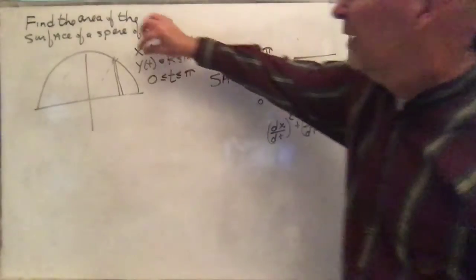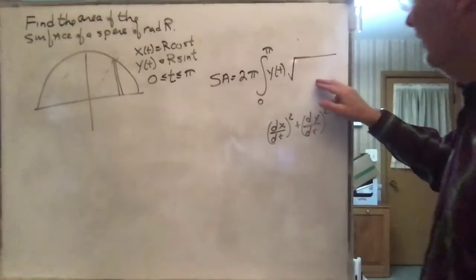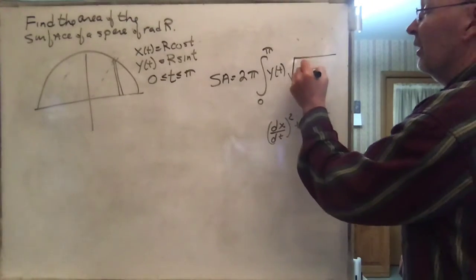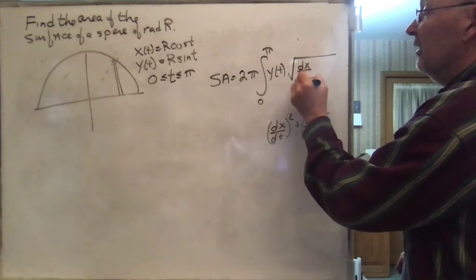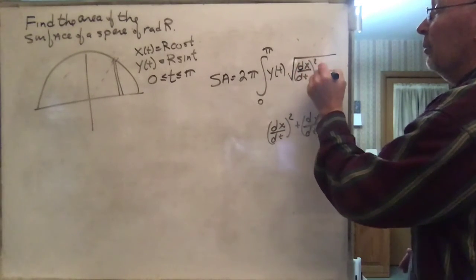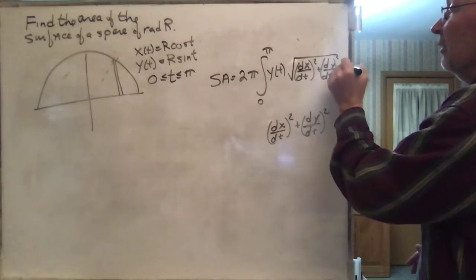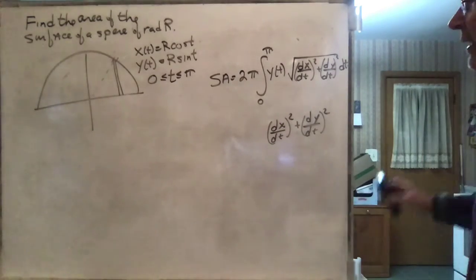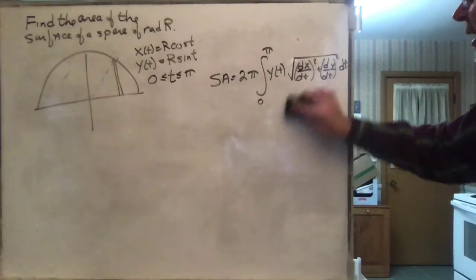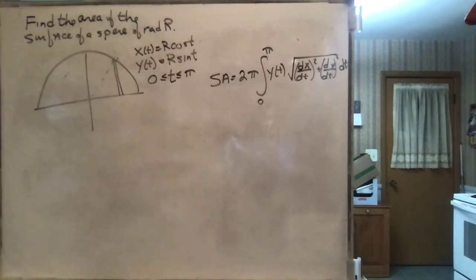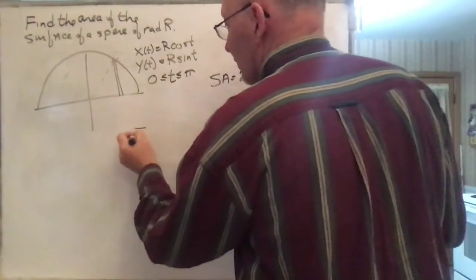That was the little bit of arc length, and it's going to be exactly the same thing here. Our little bit of arc length is the square root of dx dt squared plus dy dt squared, all times dt. So there's your formula, so let's go ahead and do it.